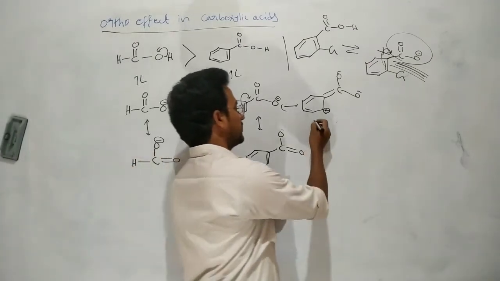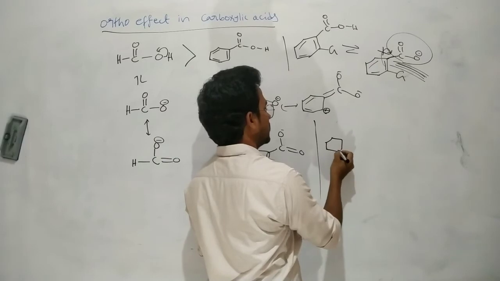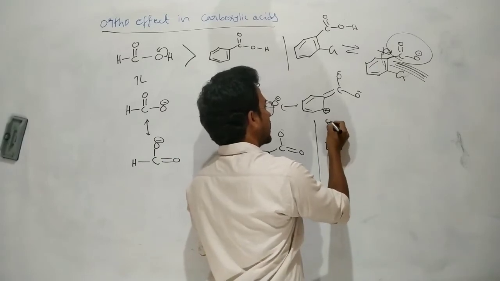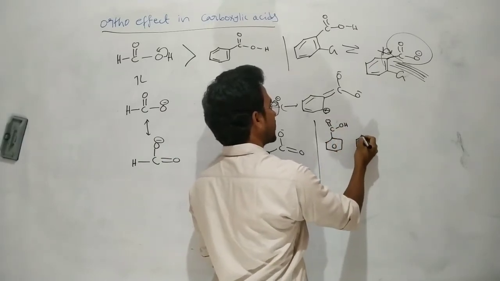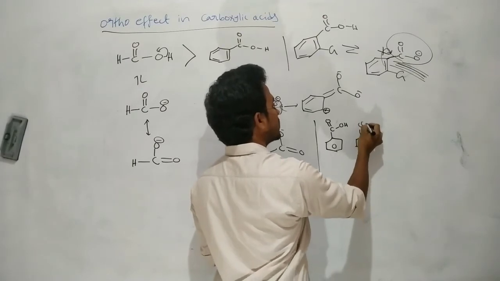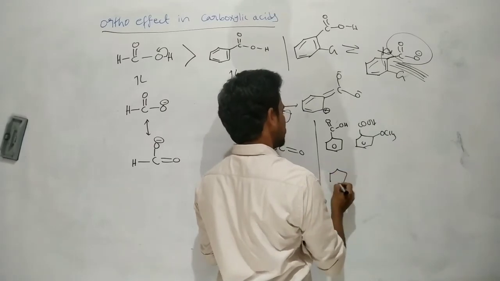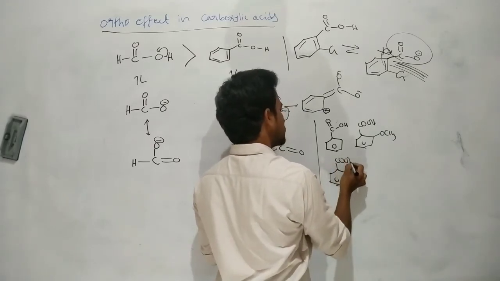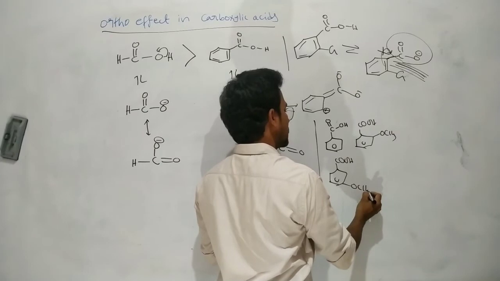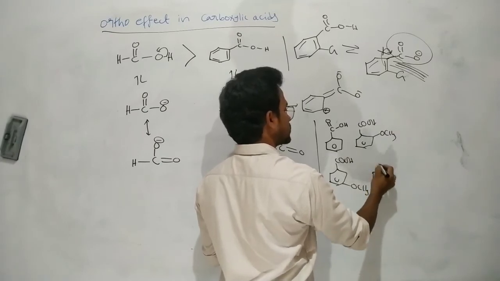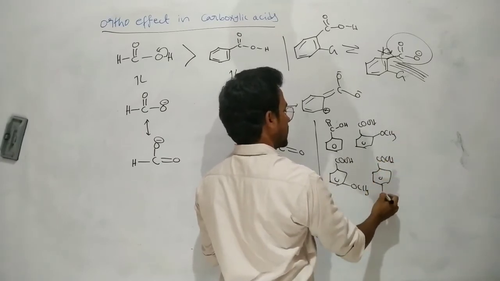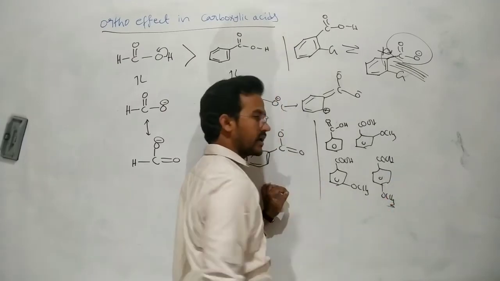Okay, that means for suppose simple benzoic acid, here COOH, with OCH3 at the ortho position. Now here COOH, this is OCH3, and next one COOH and OCH3 at para position.